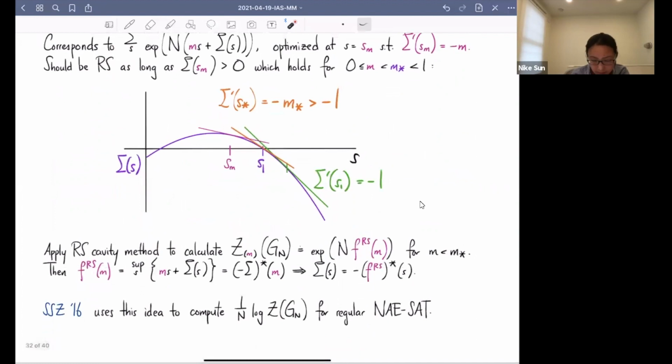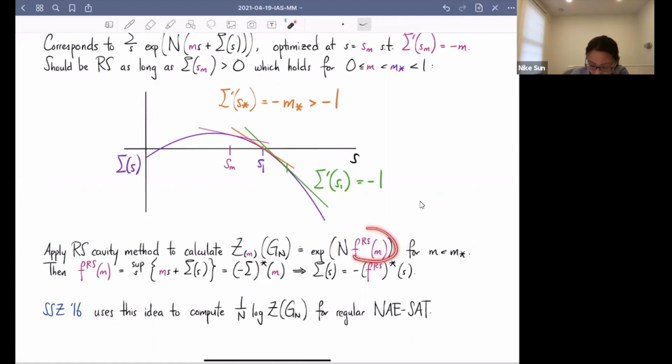So as a result, for appropriate values of m, it's reasonable to apply the replica symmetric cavity method to calculate this Zm. You couldn't do it when m equals 1 because you have long range correlations, but if m is small enough, you should be able to get some exact expression.